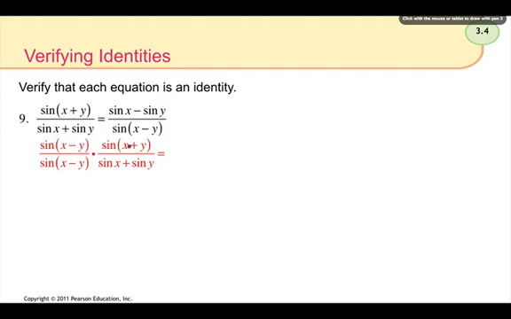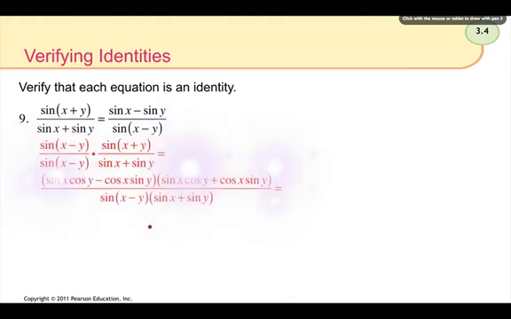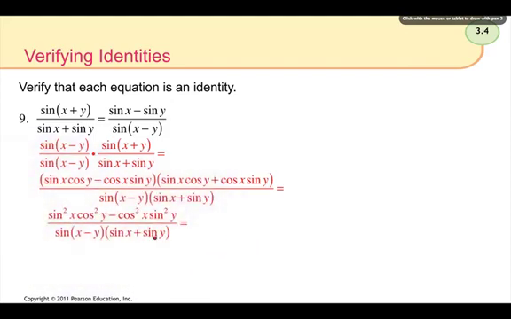Before I actually multiply, I am going to expand this expression and this expression using the formulas that you have seen in this section. And this is what I get. I don't do anything with the denominator. I just leave it alone. Once I have this, I am going to multiply these 2 binomials, which means that I have to FOIL. Once I do that, the middle terms go away, and then this is what I get.